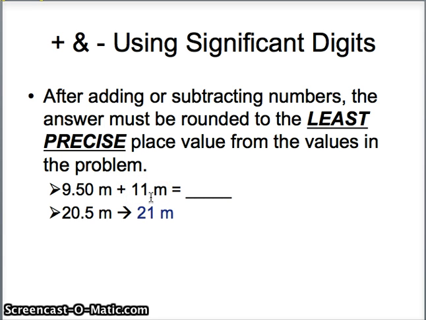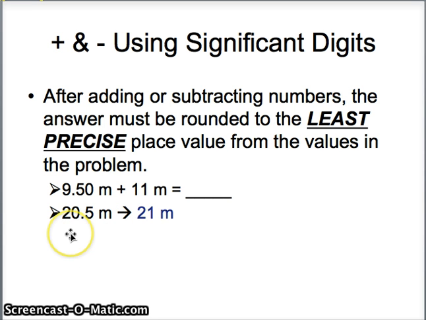So 9.50 is more precise than 11. When we add the values, we have to round the answer to the ones place, which is the least precise. So when we add 9.50 plus 11, we get 20.5, keeping the units the same, leaving it at meters.